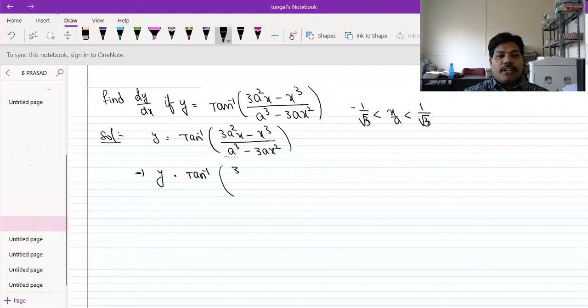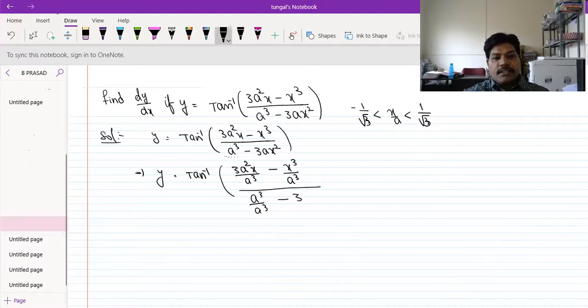So what happens? 3a square into x by a cube minus x cube by a cube, by a cube by a cube minus 3a x square by a cube.